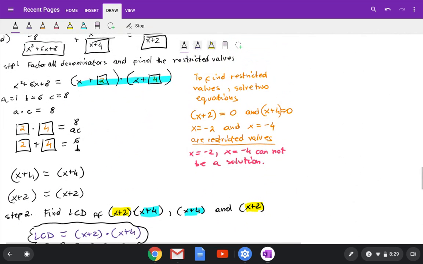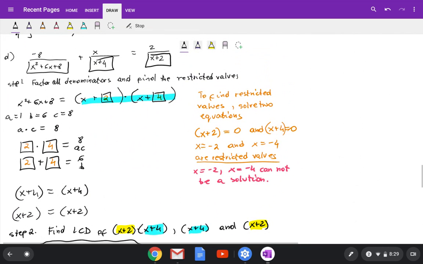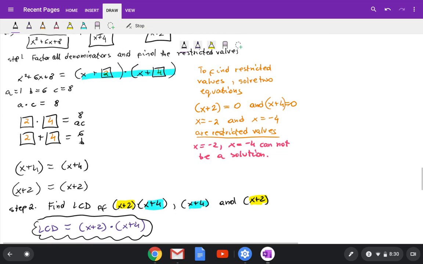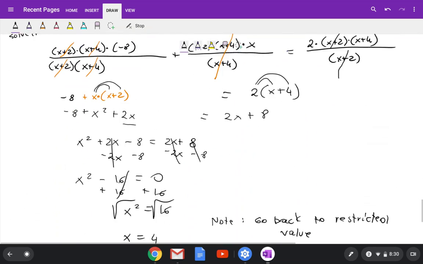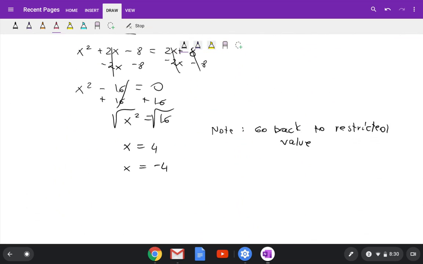So let's go to restricted values. Here, when we solved that problem, we said that x equal negative 2 and x equal negative 4 cannot be a solution because they are restricted values. So in our case, we have negative 4. So x equal negative 4 is a restricted value. What that means is it can't be a solution.